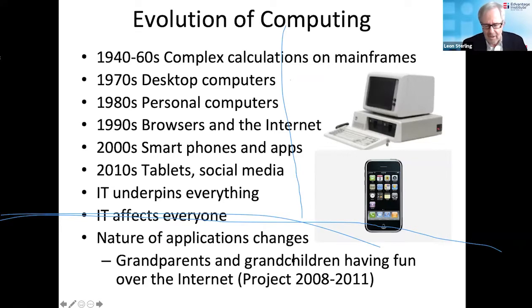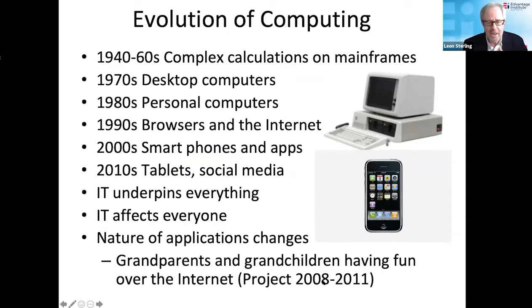But again, if you think about it, I had a research project a bit over 10 years ago: how do you design technology for grandparents and grandchildren to have fun together? It was a really interesting project, and we built some prototypes, and we were ahead of our time, because in times of COVID, when people were locked down, you really wanted a chance to interact with people over the computer and have fun and have positive interactions.